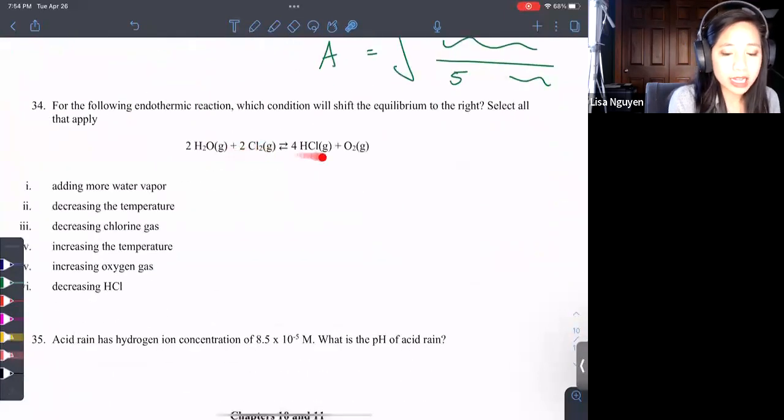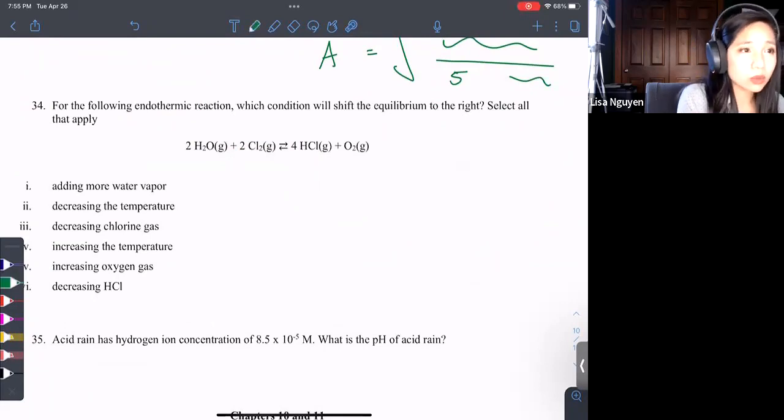In this question, I give you a balanced chemical reaction. I tell you it's endothermic. Excuse me. So you have to figure out on what side of the reaction is heat. Is heat a product, or is heat a reactant when it's endothermic? For endothermic, heat is a reactant.